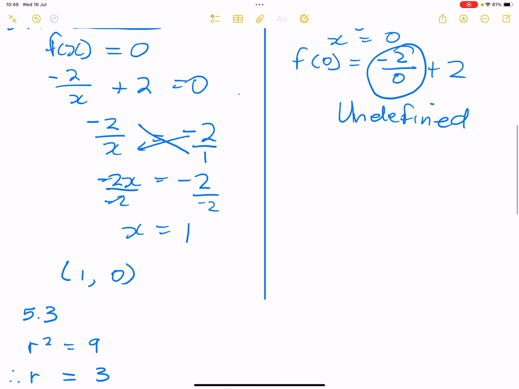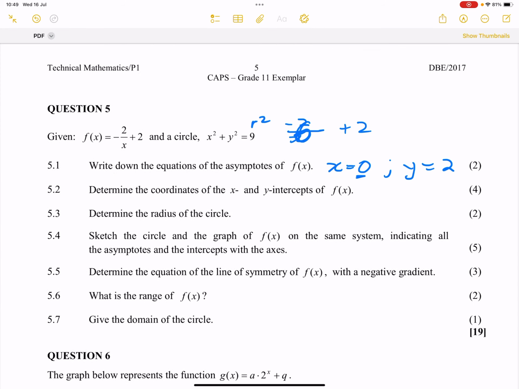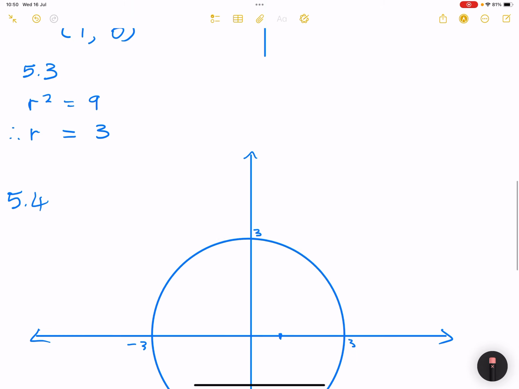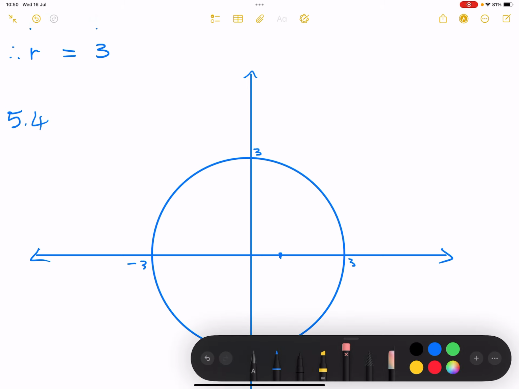We know that it's got a vertical asymptote at x is equal to 0, and a horizontal asymptote at y is equal to 2. So x is equal to 0 is the y-axis, and y is equal to 2. I'm going to get the asymptotes to have a different color.